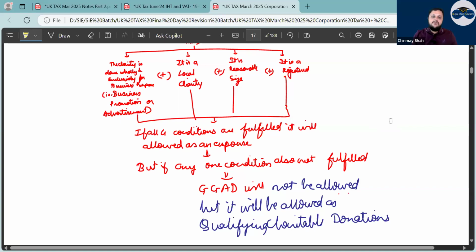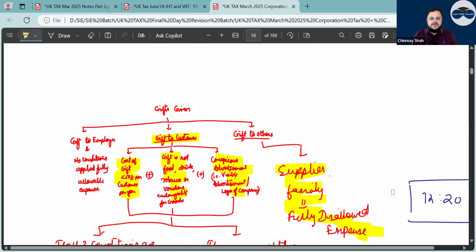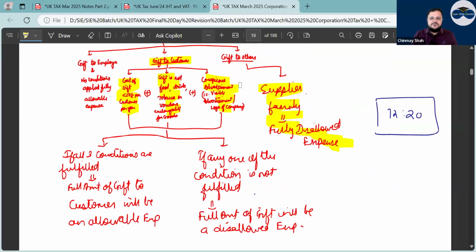But there comes a twist. If any one condition is not fulfilled, then can you claim it as GAD or QCD? In case of company, it will be what? GAD is not applicable, but QCDs are applicable, correct? Then gift given to customers, correct? Gift given to employees allowed as a deduction, but gift given to customers, 3 conditions: less than 50 pound per person per year, correct?